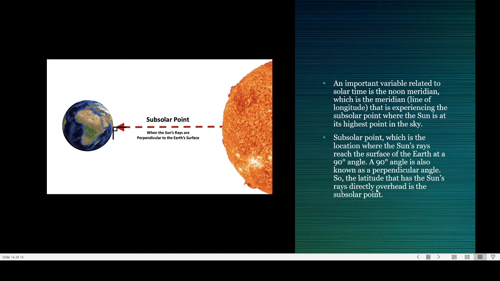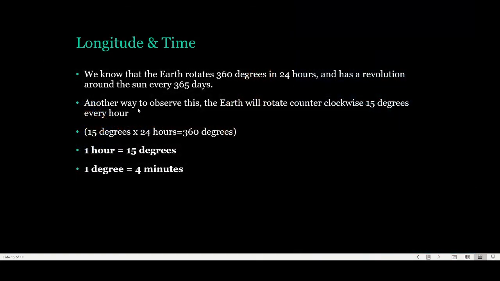The latitude that has the sun's rays directly overhead is the subsolar point. It looks like it's hitting the equator in this example, but the farthest the subsolar point will go is between the Tropic of Cancer and the Tropic of Capricorn.